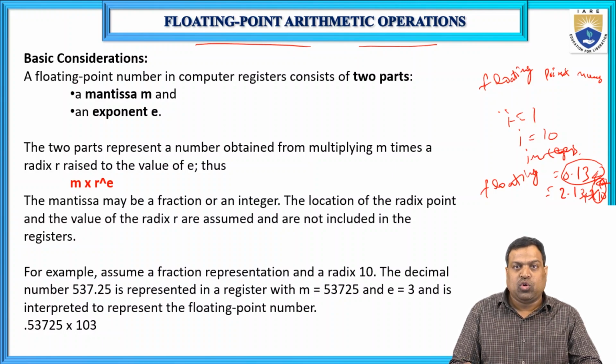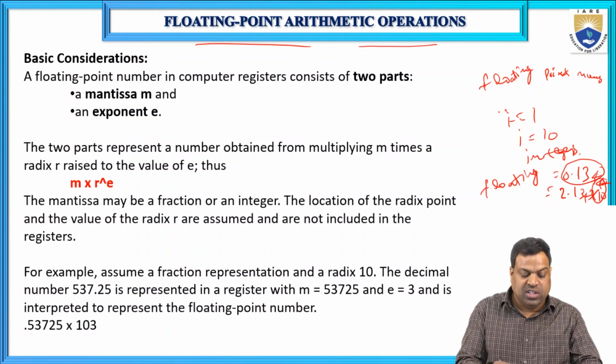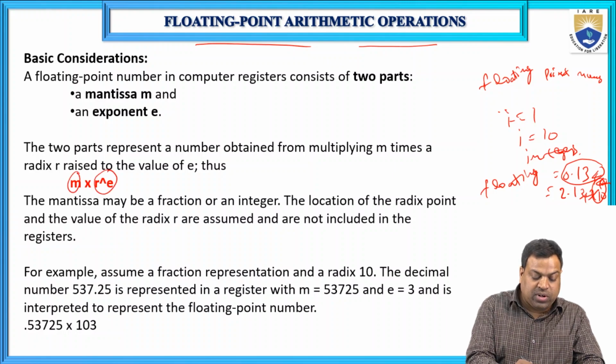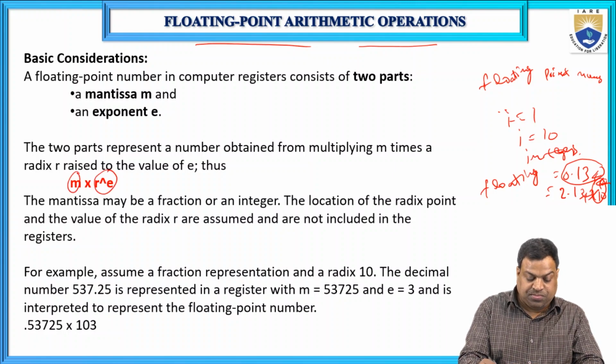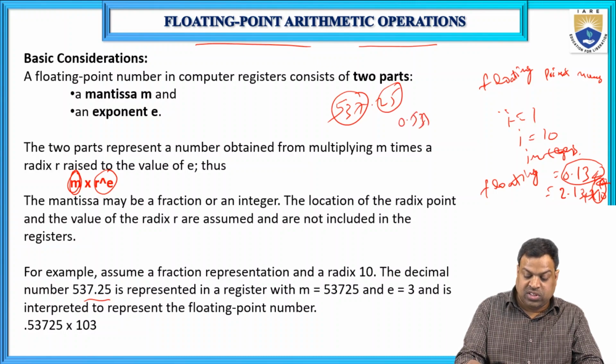Suppose I take two parts representing a number obtained by multiplying m times a radix r raised to the value e, m into r power e. Here taking one example, 537.25 is the number, and we have to convert it to the exponent form, 0.53725 into 10 cube.